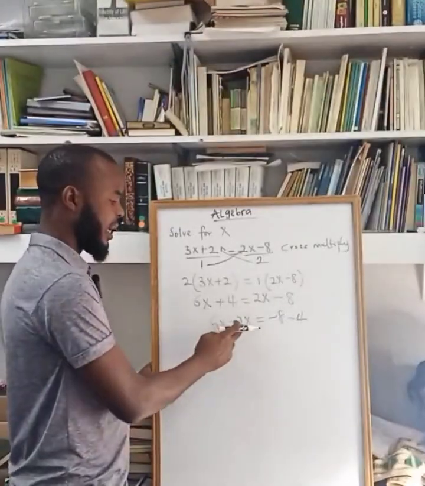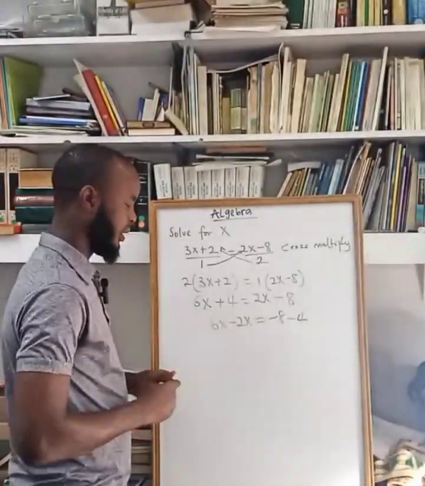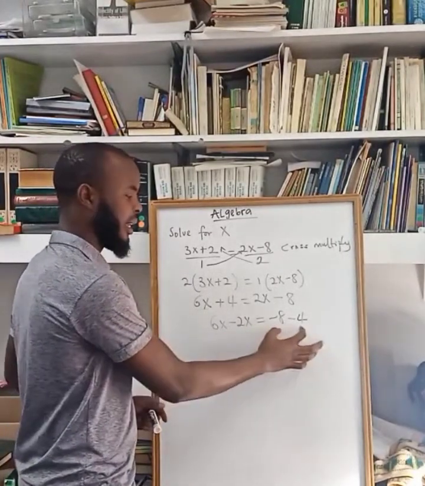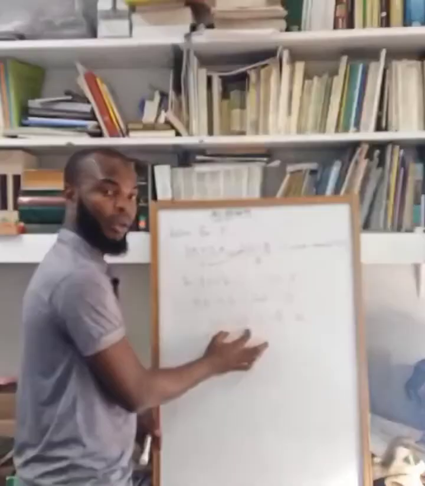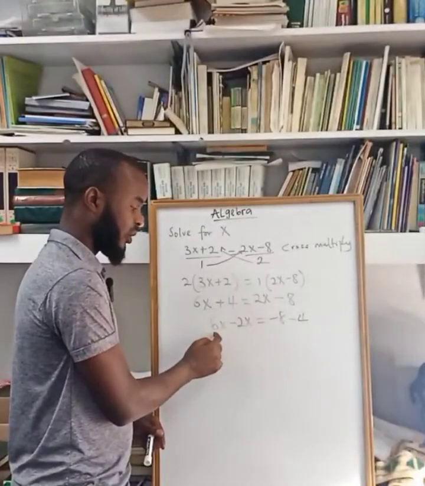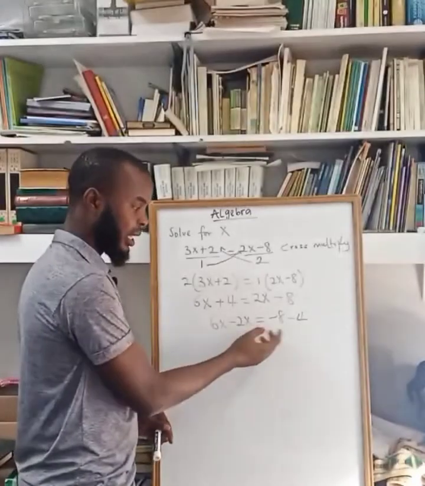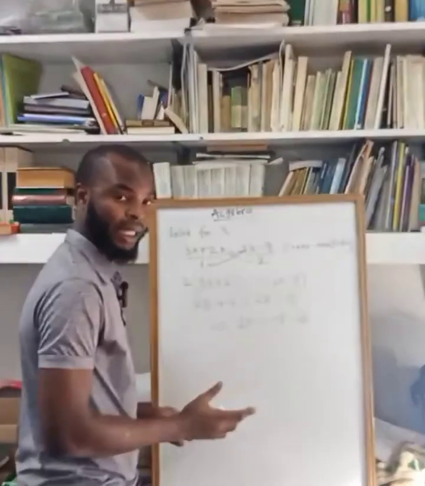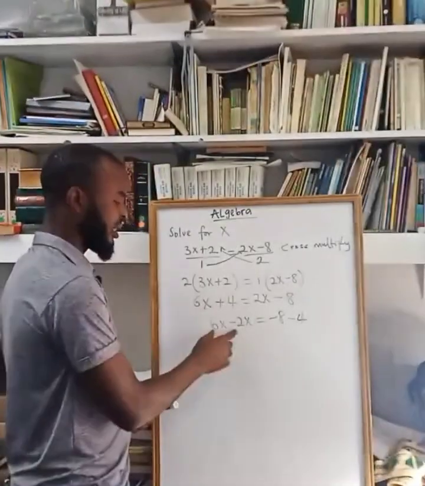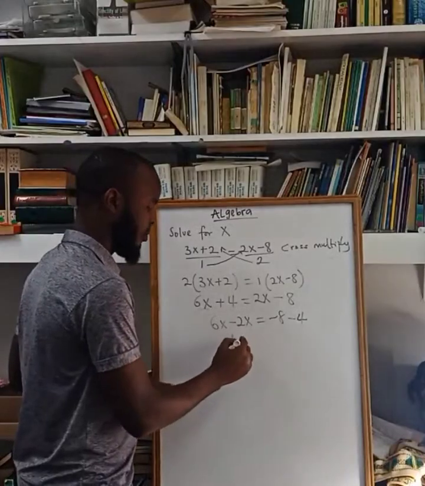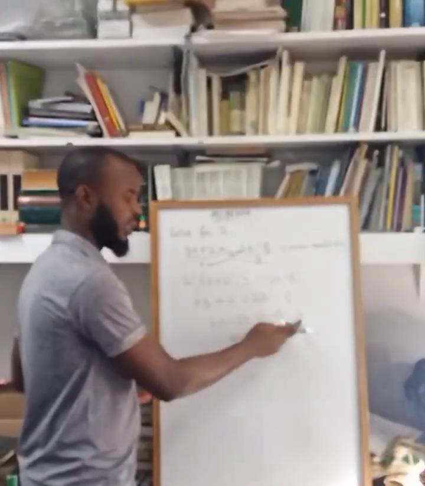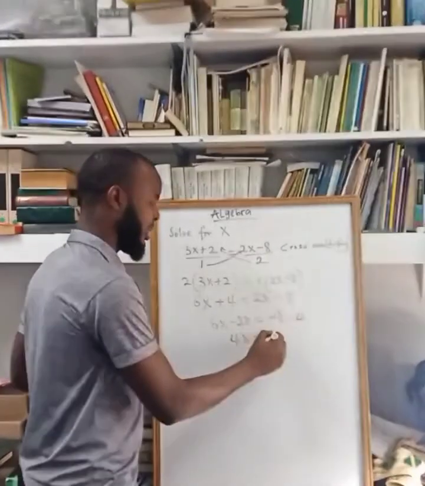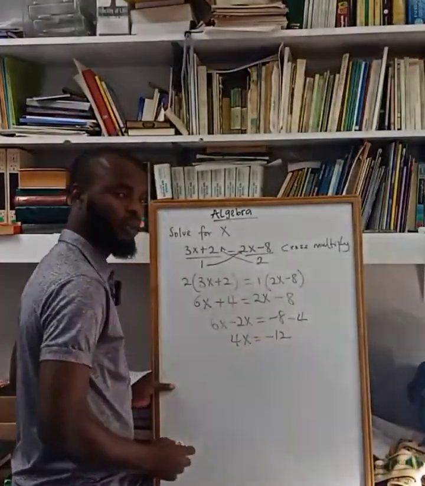So 6x minus 2x are like terms. They have coefficients of 6 and 2 respectively with the variable x, and here we are not having any variable, so these are like terms. Here we have 6x minus 2x, I have 4x. Negative 8 minus 4, here I'm having negative 12.